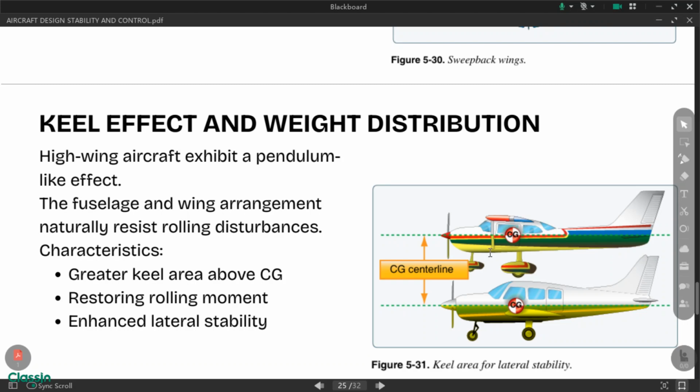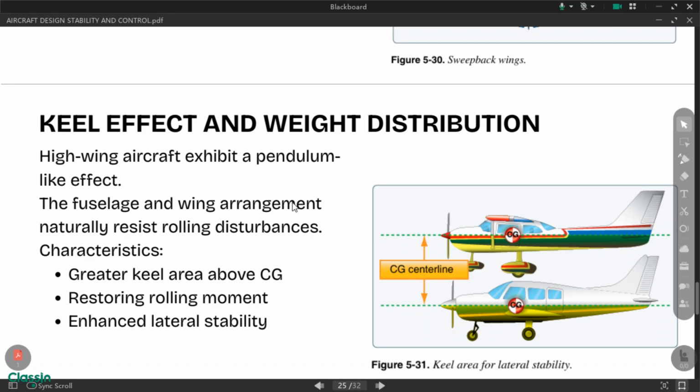Ang nangyayari is para tayong nagkakaroon ng pendulum-like effect, no? Pag yung aircraft natin is high wing, imagine parang nagpe-pendulum yung ating aircraft. So, pag yung high-wing aircraft natin enters a side slip, yung aerodynamic forces natin acting on the fuselage tend to generate restoring moments because of the pendulum effect. Okay?